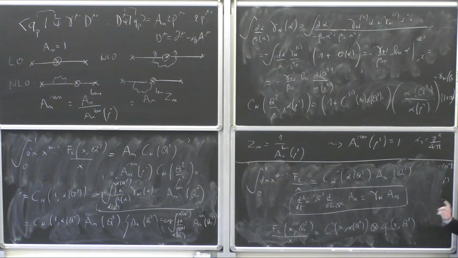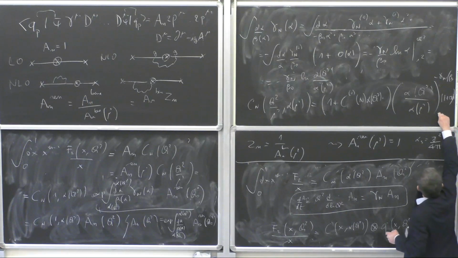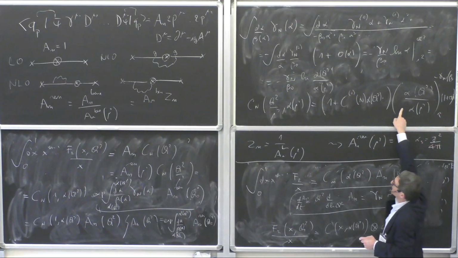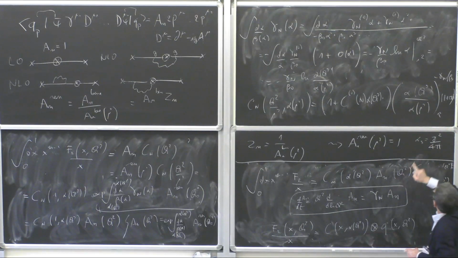And if you're confused, now remember the order counting which I wrote here. So remember that the Q squared dependence starts at order alpha_s to the 0. Right? Because this is alpha to some power.